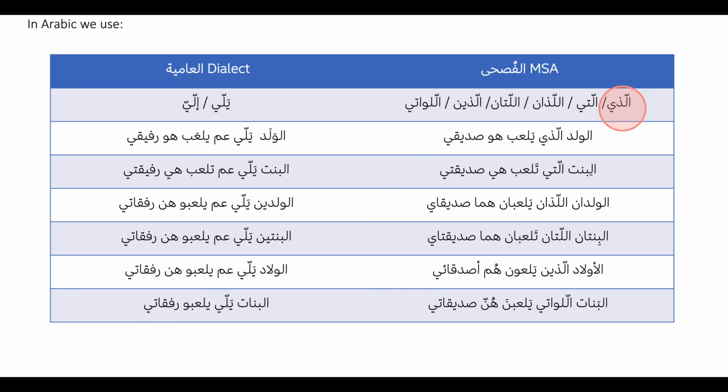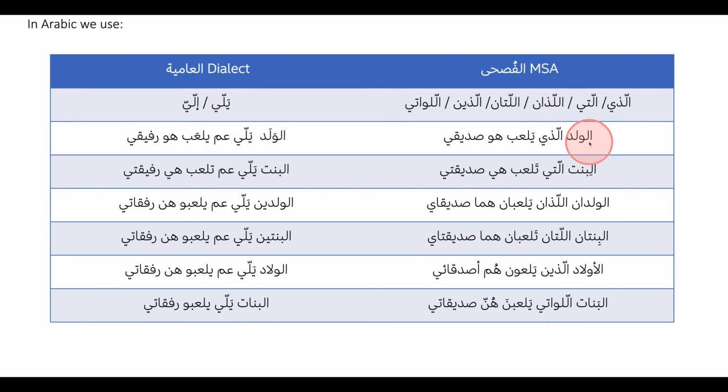We've got الذي, which is for singular masculine, التي for singular feminine, اللذان for dual masculine, اللتان for dual feminine, اللذين for masculine plural, and اللواتي for feminine plural. On the other side, we've got only one, yelli, and that's the nice thing about spoken: they tend to shorten all of these pronouns and summarize it all in one.